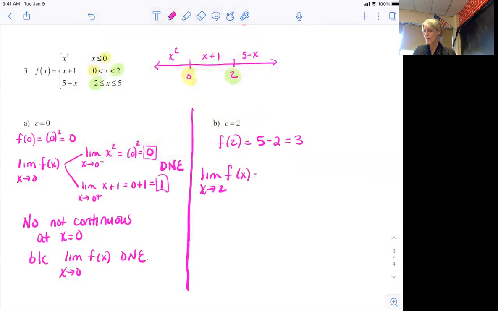When I go up to my function to see what to do, it's a piecewise function, so I need to break it up. Limit as x approaches 2 from the left, the limit as x approaches 2 from the right. What rule am I going to use when my numbers are less than? I'm using x plus 1.